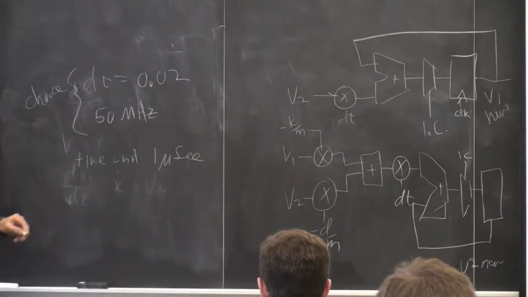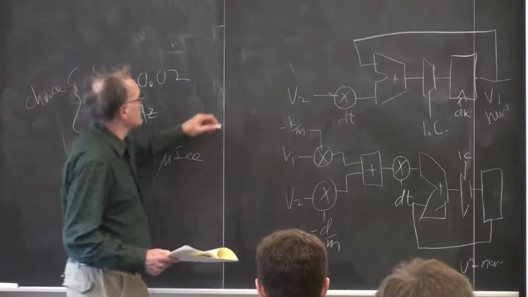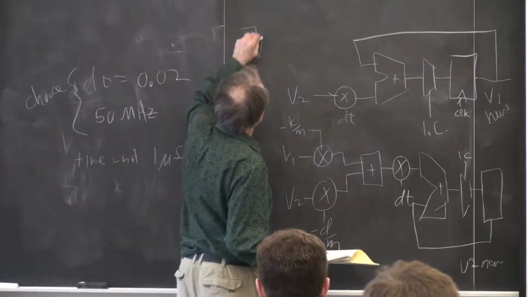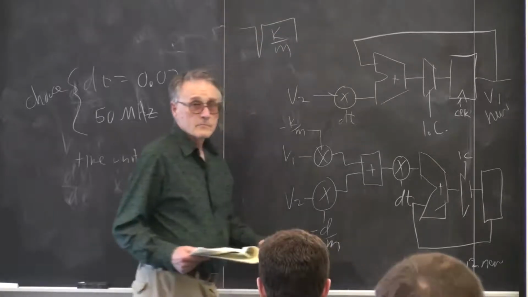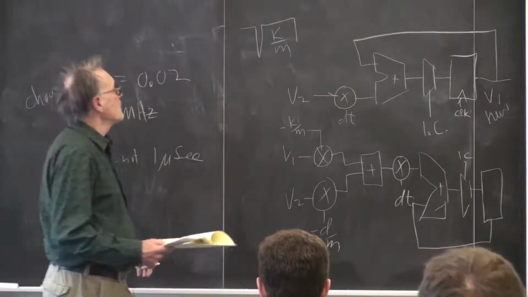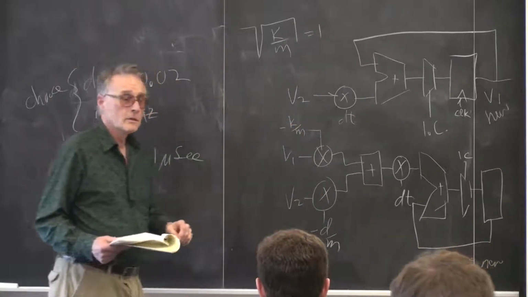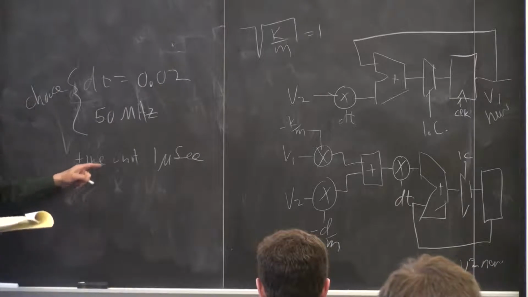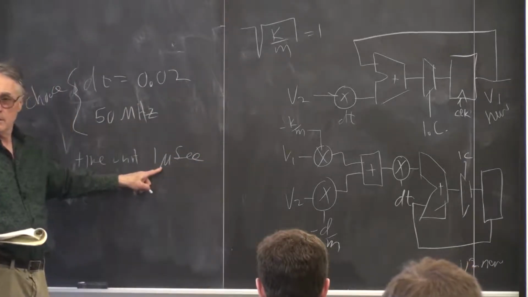Now, in the math, the natural frequency of a sine wave oscillator is set by the square root of k over m. So if we set that to 1, we say then that we're going to get 1 radian per 1 microsecond.